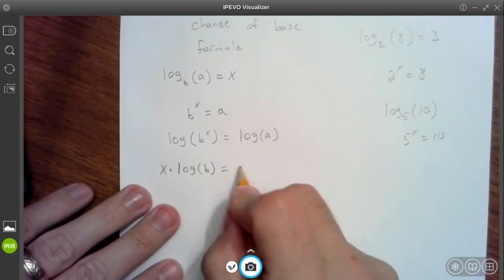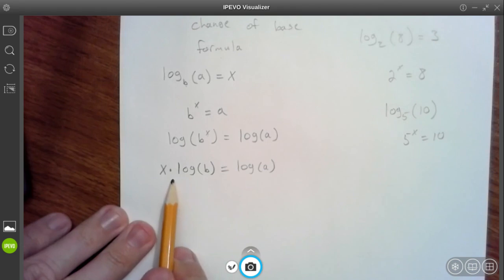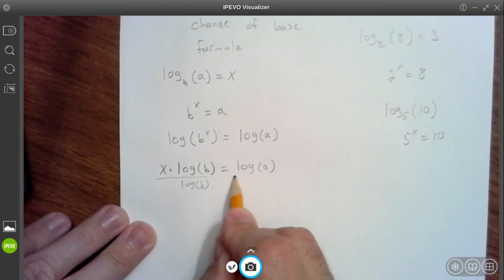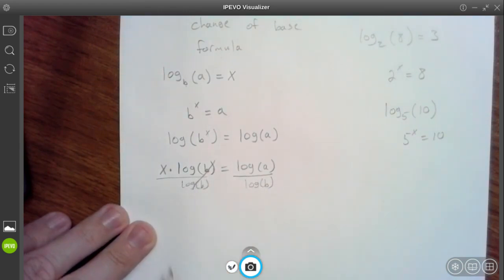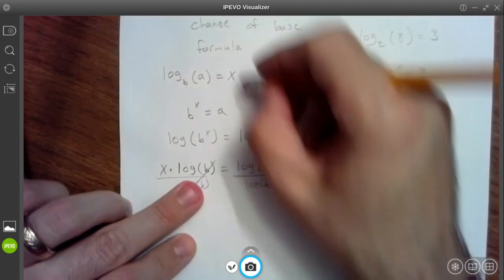Okay, x log b equals log a. All right, now I'm going to divide both sides. I'm solving for x, by the way. That's what I wanted to figure out. I'm going to divide both sides by the log of b here to cancel that out. Log b, bam. And so x equals log a over log b.